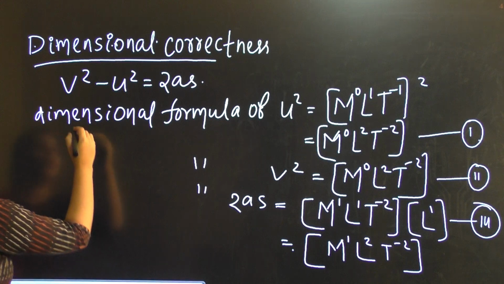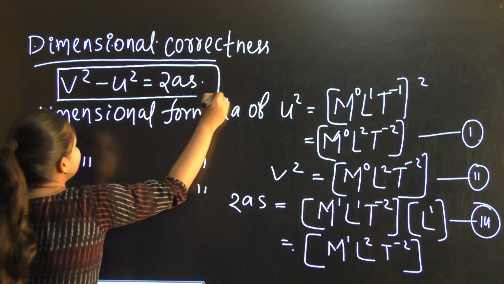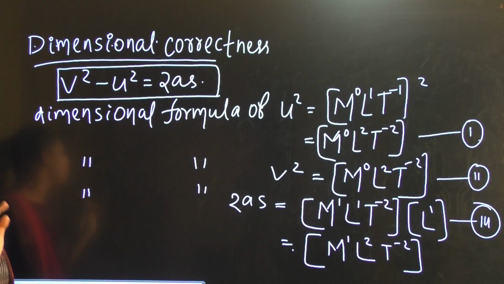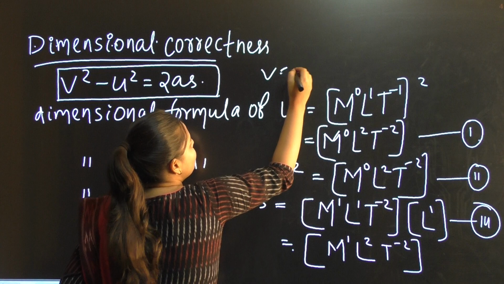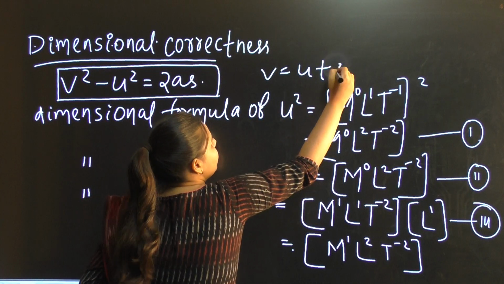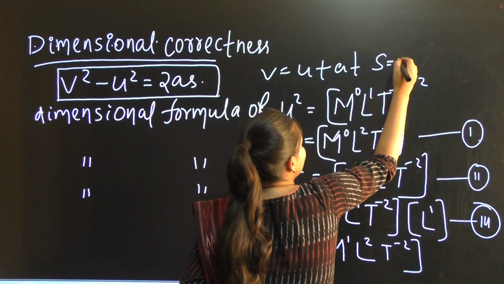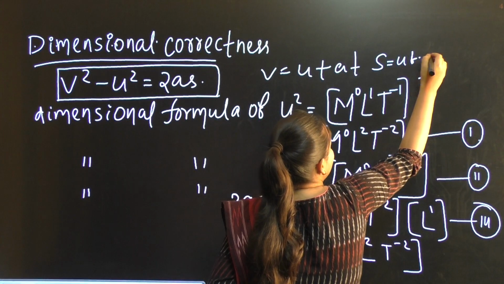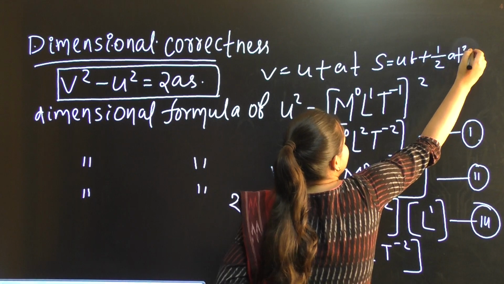So the relation I take here is v square minus u square is equal to 2as. You can take either one: v is equal to u plus at, or s is equal to ut plus half at square.